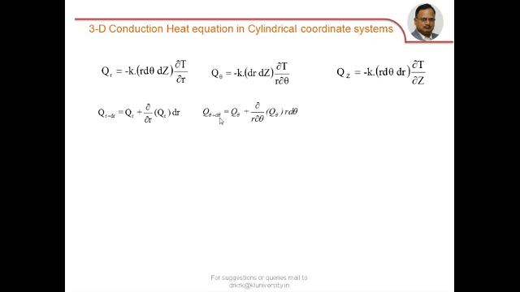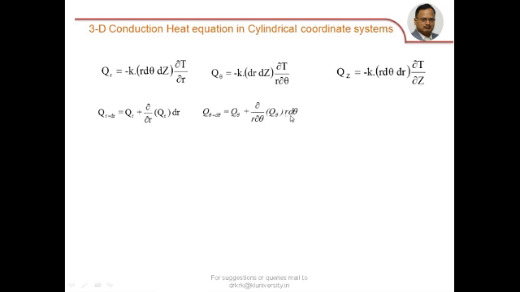Similarly, Q at theta plus d theta: that is Q_theta over a thickness of r d theta. So per unit change, what is the increment in Q_theta? That is ∂Q_theta by r ∂theta.